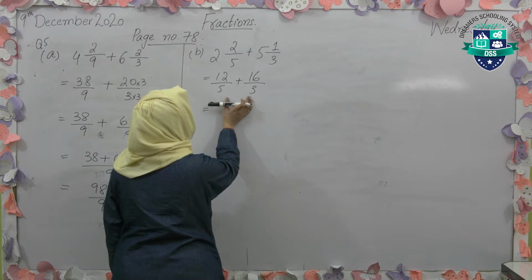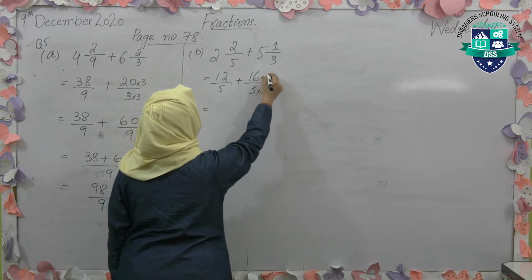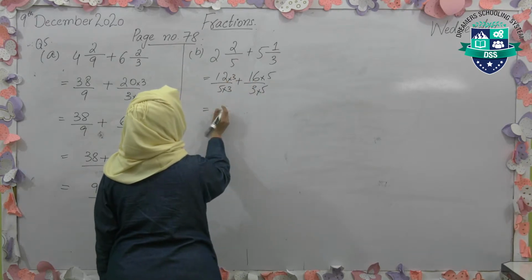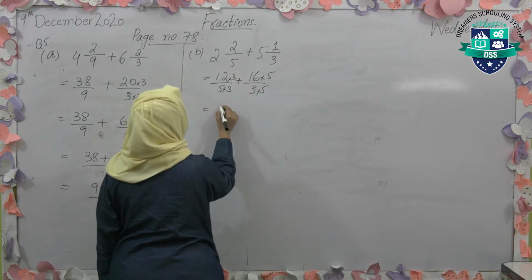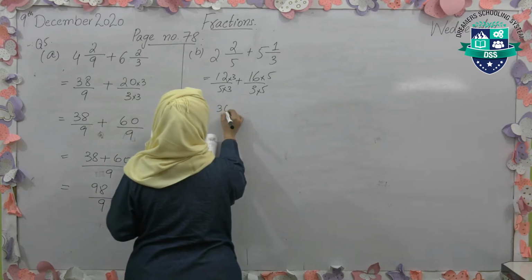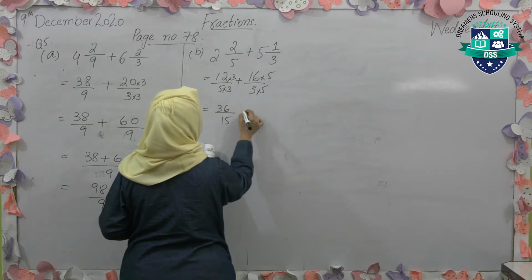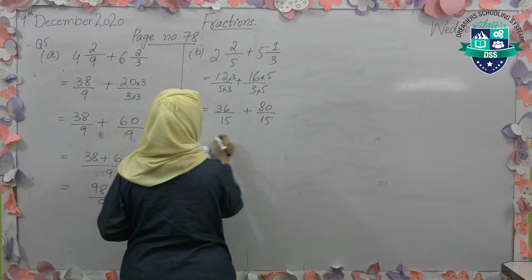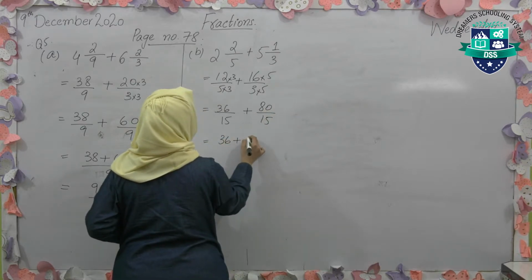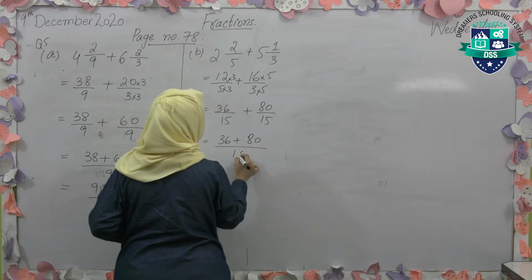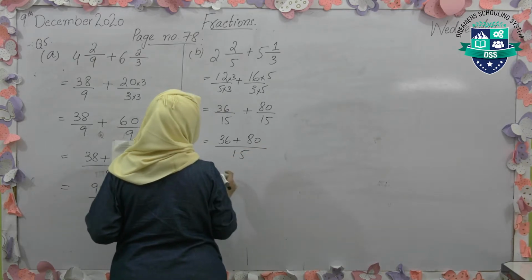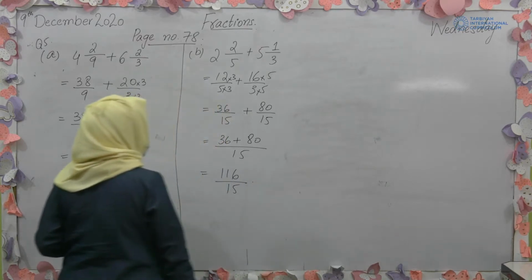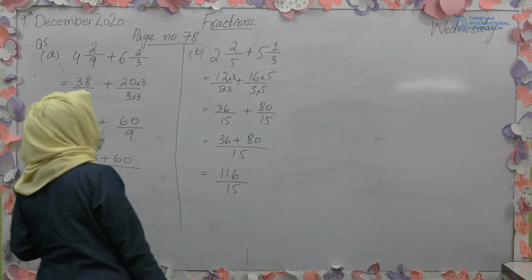Making the denominator the same, 3 5s are 15, 5 3s are 15, again multiplying by the numerator. 12 3s are 36 by 15 plus 16 5s are 80 by 15. Now 36 plus 80, denominator is the same, 36 plus 80 will become 116 by 15. Got it?